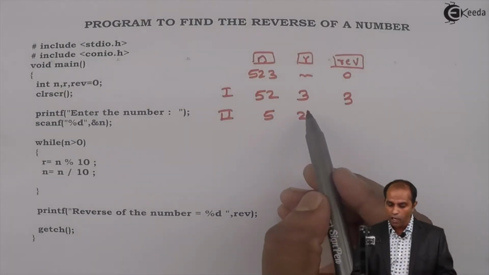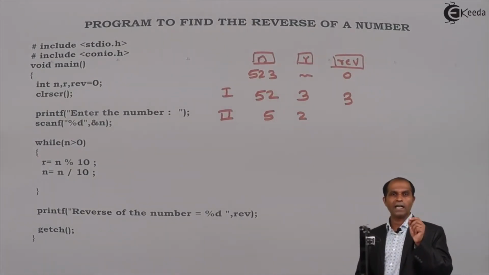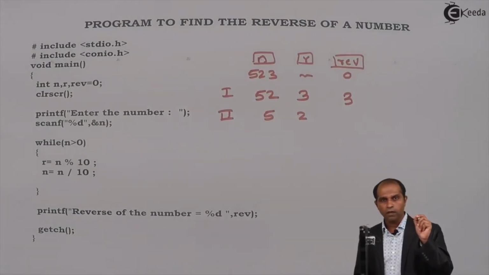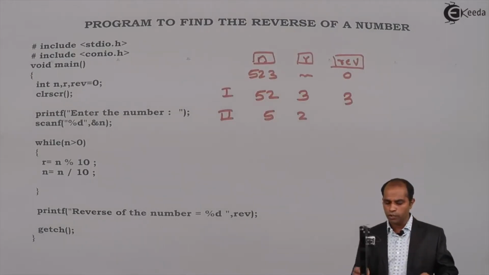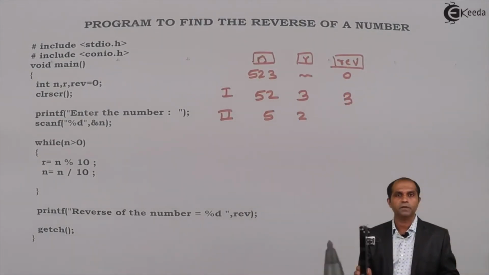Now the question comes, how do I set the value of r onto rev? The value of r has to be logically placed onto rev. How? If rev has got a number which is non-zero in the unit position, then this number should be shifted to the 10th position.